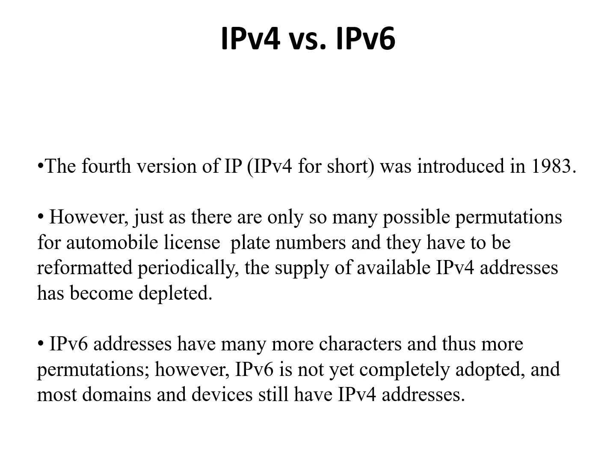IPv4 vs IPv6. The fourth version, IPv4, was introduced in 1983. Just as there are only so many possible permutations of automobile license plate numbers and they have to be reformatted periodically, the supply of available IPv4 addresses has become depleted.